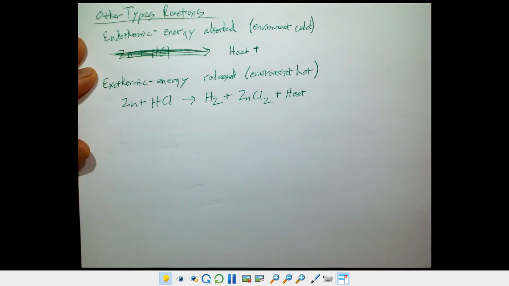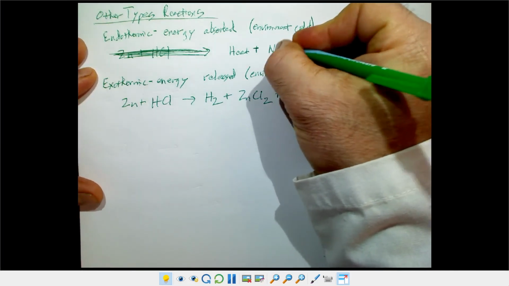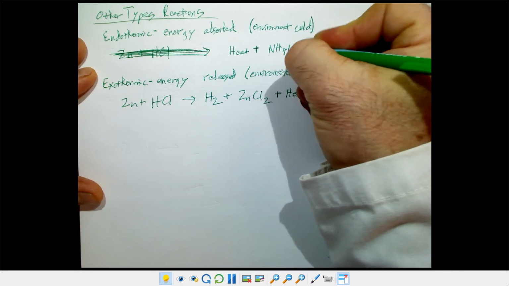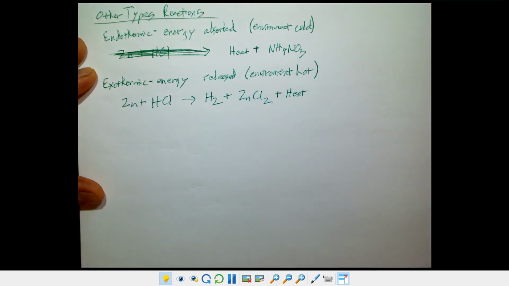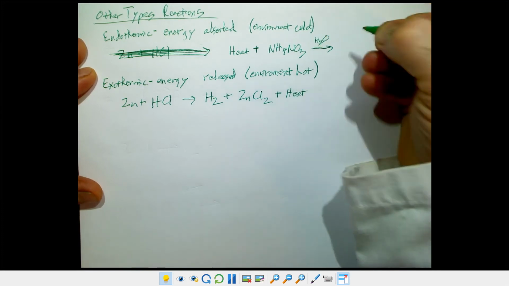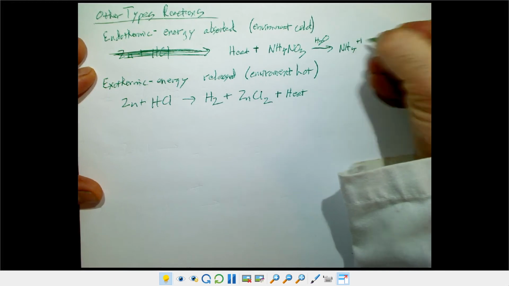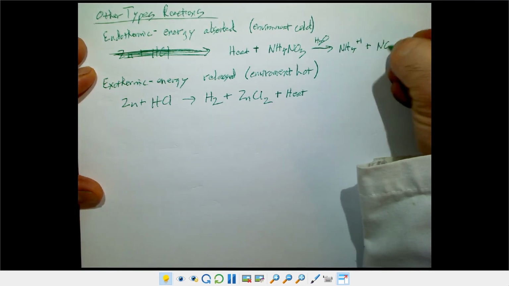And a good example of that would be that you could take a compound called ammonium nitrate, and whenever you dissolve that into water, what happens is it will end up producing ammonium ions and nitrate ions.